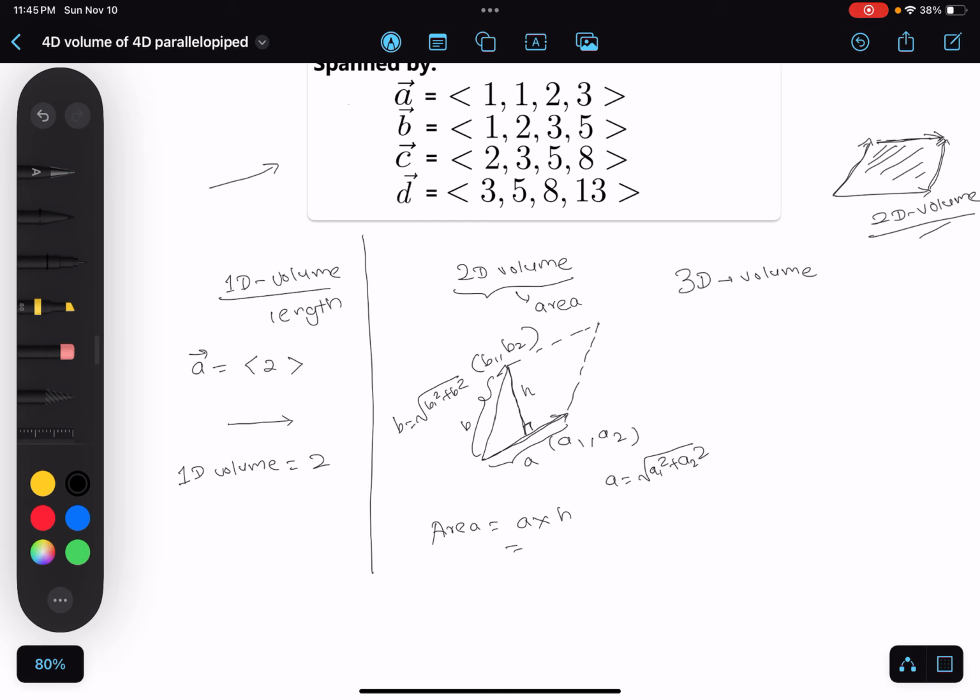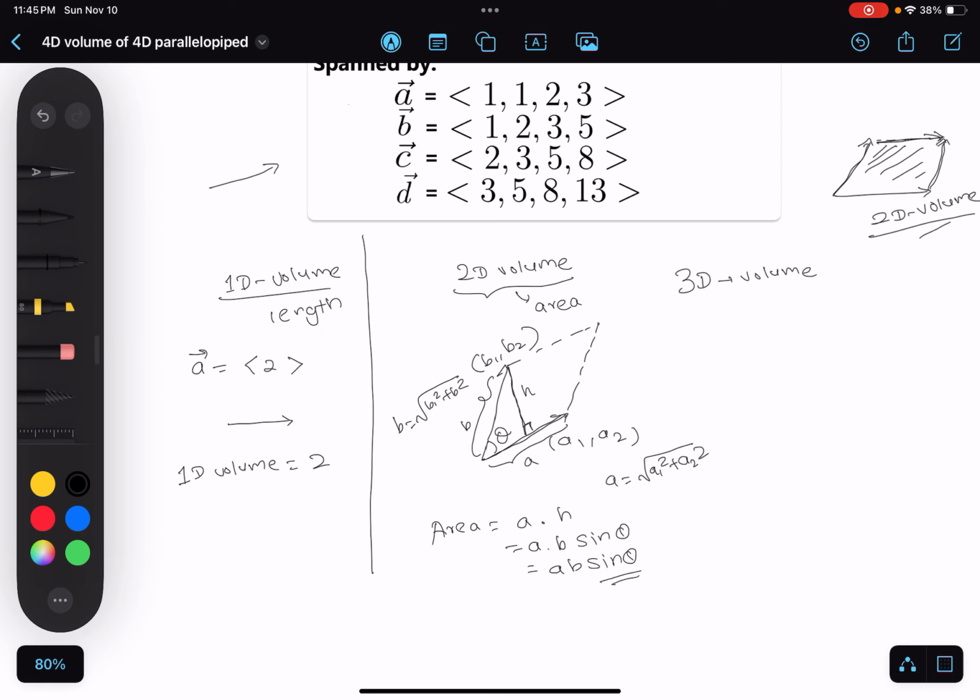And if this angle is theta, I can write a_s as b sine theta. So that will be a times b sine theta.